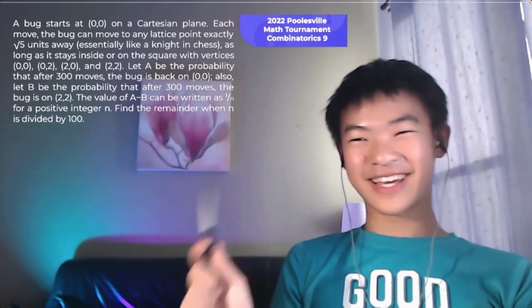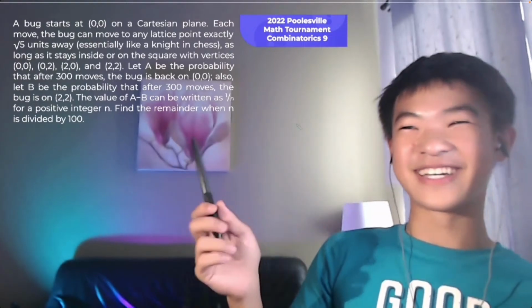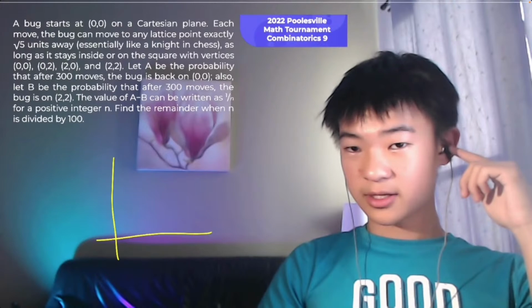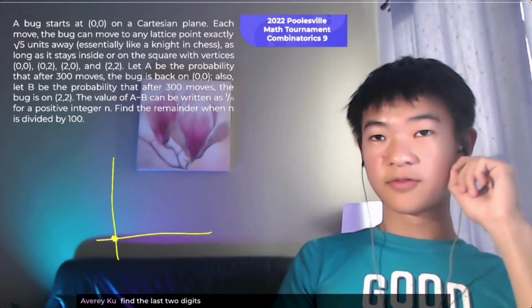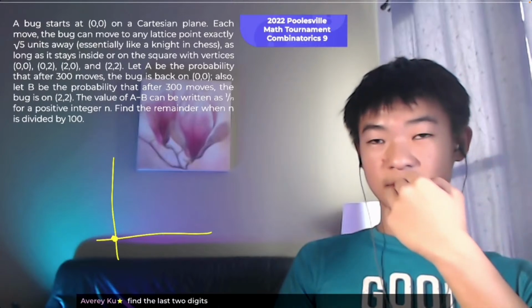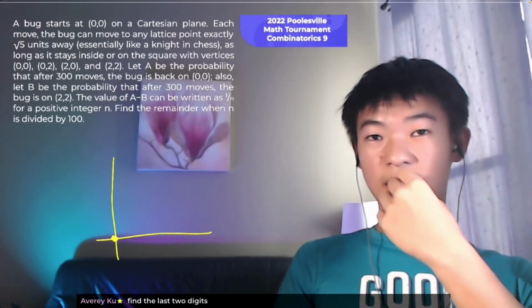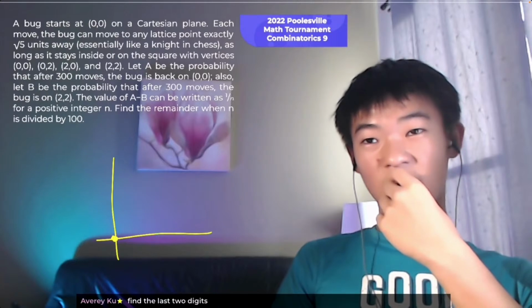So first off, I'm scared because that means n is pretty big. But let's not let that overtake us. Cartesian plane, the bug starts here at 0, 0. Each move, the bug can move to any lattice point exactly that units away, as long as it stays inside or on the square.